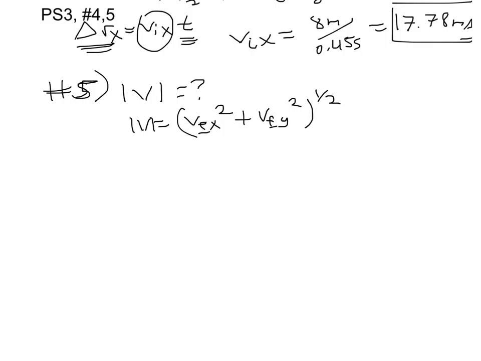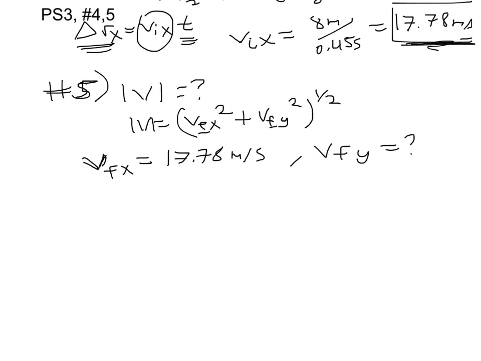That's what we're trying to solve for. We know from problem number 4 that the velocity in the x direction at impact is equal to 17.78 meters per second. Now we need to solve for the velocity in the y direction at impact, which is the unknown quantity.